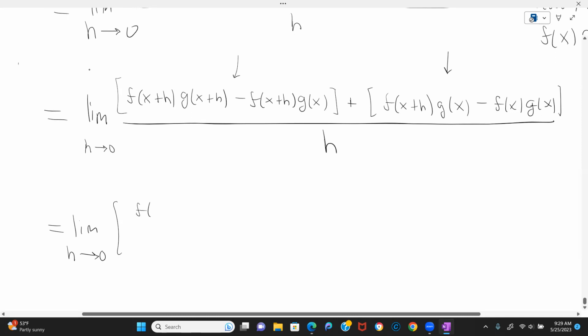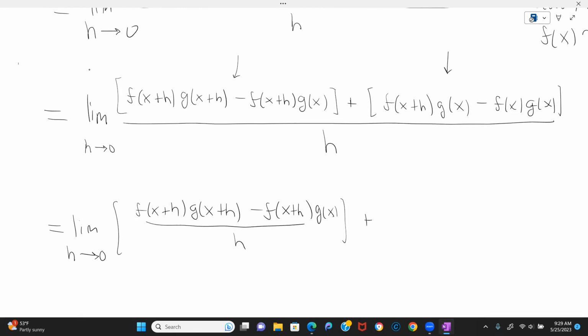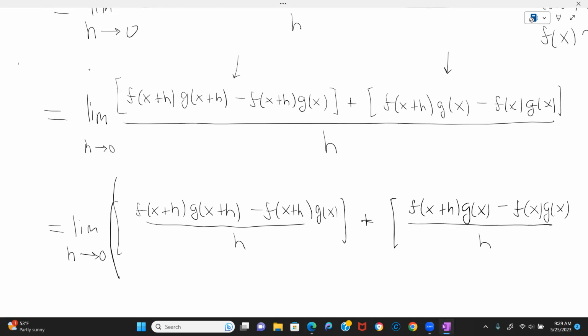So it's going to be f of x plus h, g of x plus h minus f of x plus h, g of x over h, and then maybe big parentheses because I'm still taking a single limit. And then it's going to be plus, in square brackets, f of x plus h, g of x minus f of x, g of x. And then big parentheses here.